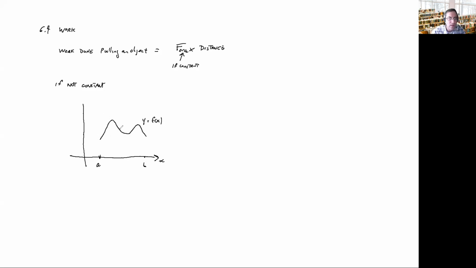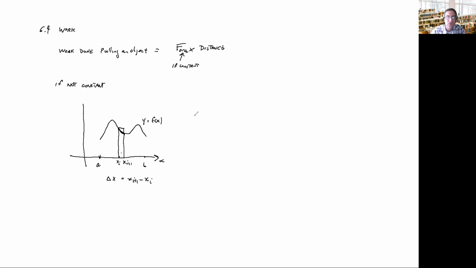Okay, so here's how we can try to understand what work is when the force is variable. We take a little strip between, say, a point which I'll call x_i and x_{i+1}, and delta x is x_{i+1} minus x_i. And if this strip is thin enough, then for the work done by the force, we can pretend the force is roughly constant on this thin interval x_i to x_{i+1}.